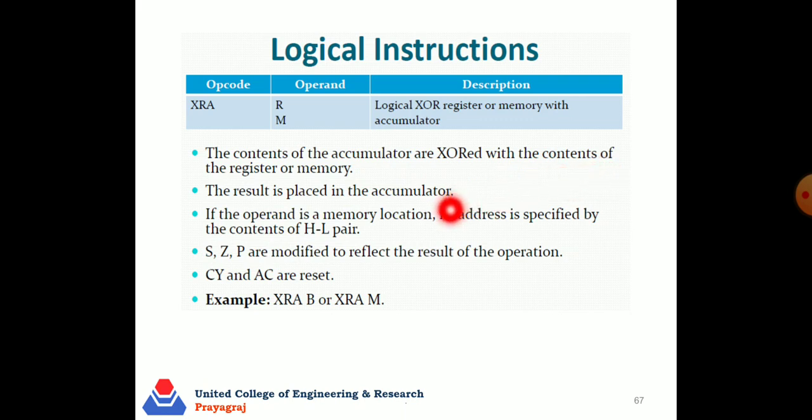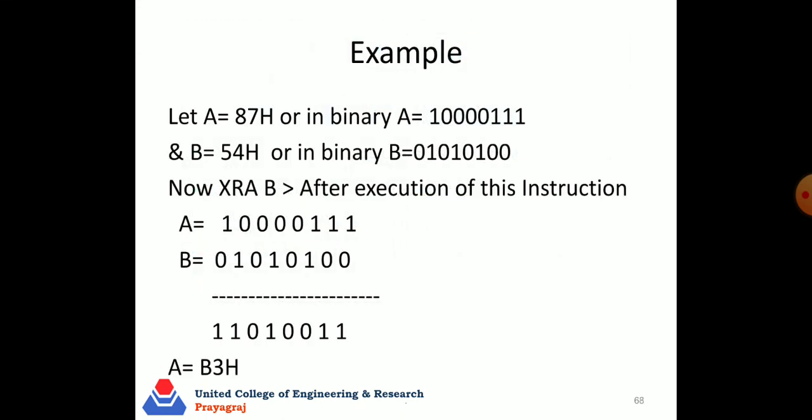The result is as usual placed in the accumulator, and sign flag, zero flag and parity flag are modified, and the carry flag and auxiliary carry flag are reset, like XRA R or XRA M. So we can take an example. We have the same numbers. If A is 87, B is 54.